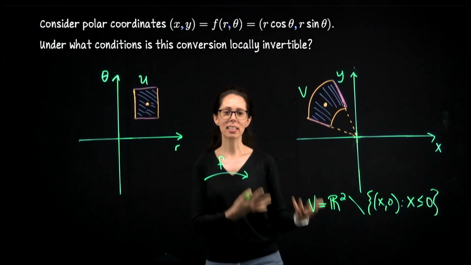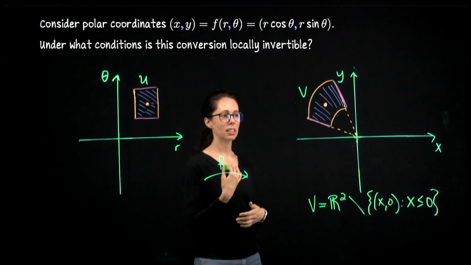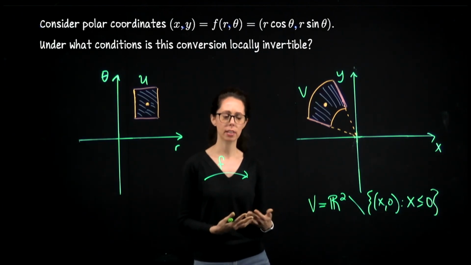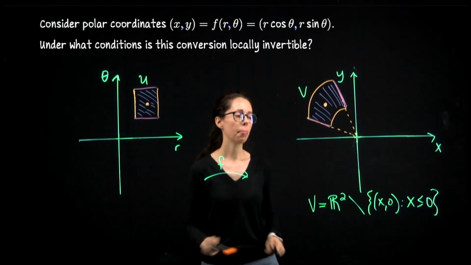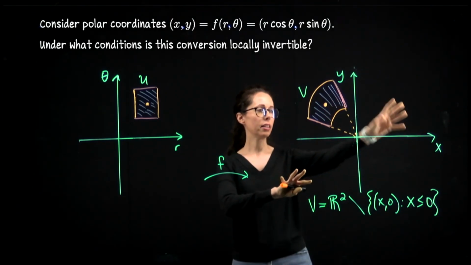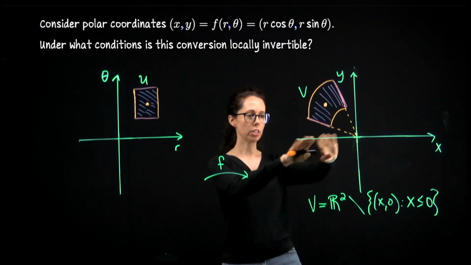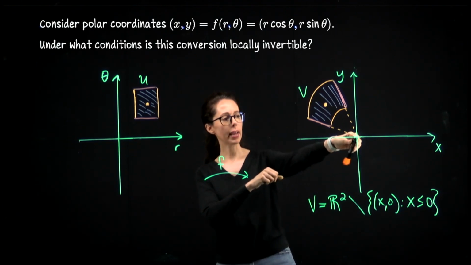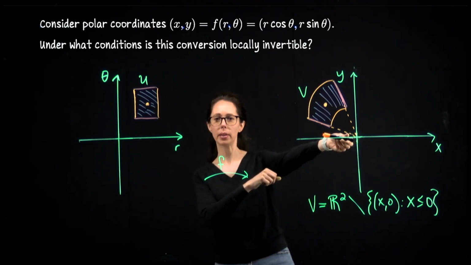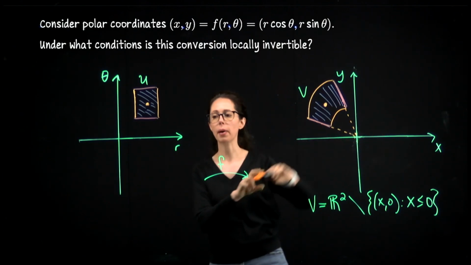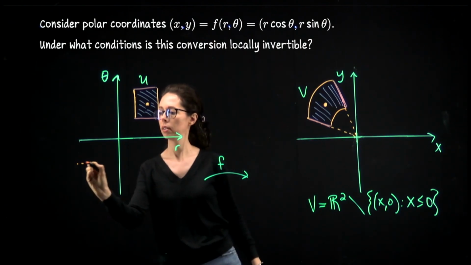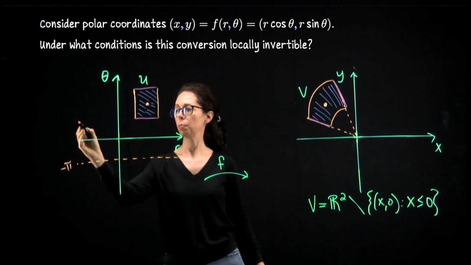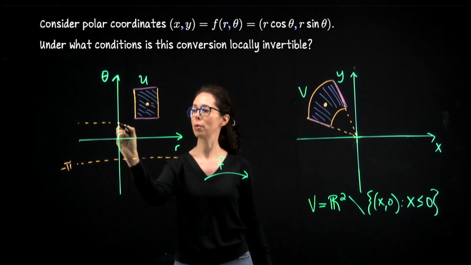How can I get to that in a way which isn't going to ever lose our ability to invert? We need to fill in the first, second, third, and fourth quadrants, just not land on this. So angle-wise, I'm going to let my angle go down to negative pi, but not land on it, through 0 around to pi. So negative pi through pi. Just ignore this U for the moment.